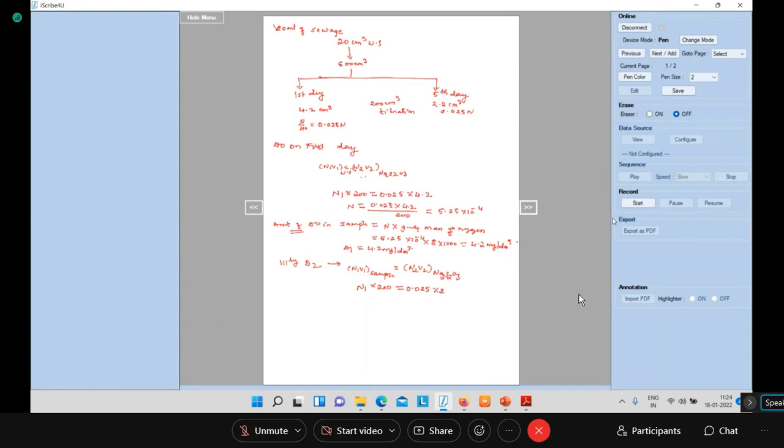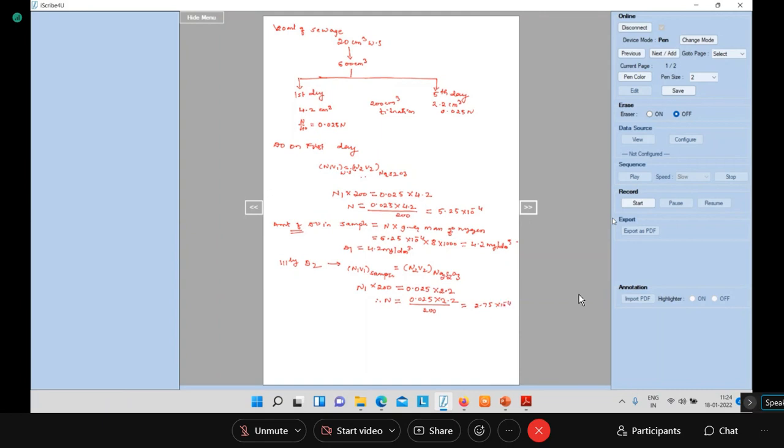Therefore, this normality is equal to 0.025 × 2.2 divided by 200, and this comes out to be 2.75 × 10^-4.